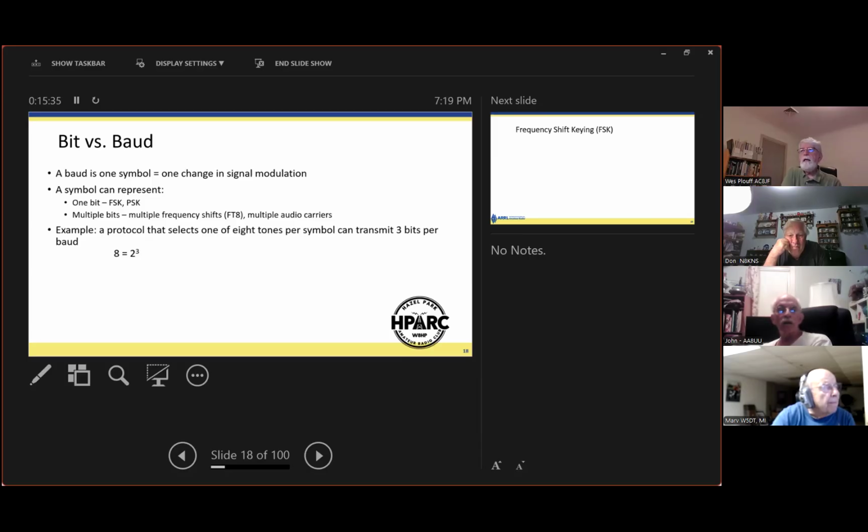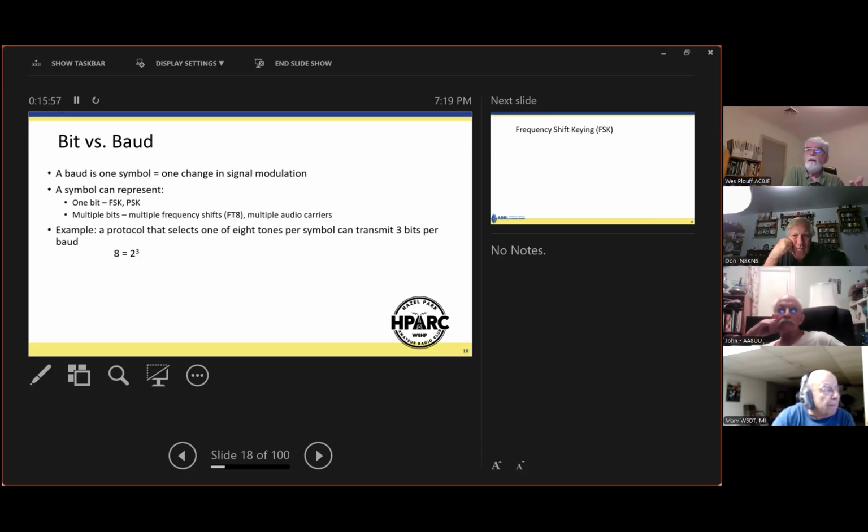For instance, FT8 uses 8 different tones, and it can encode 3 bits in each baud because of that. Or some modes have multiple audio carriers. In other words, you're transmitting multiple tones at the same time within your audio bandwidth.